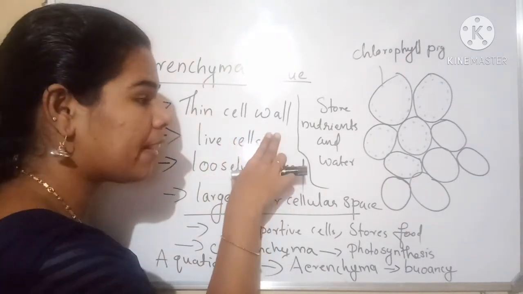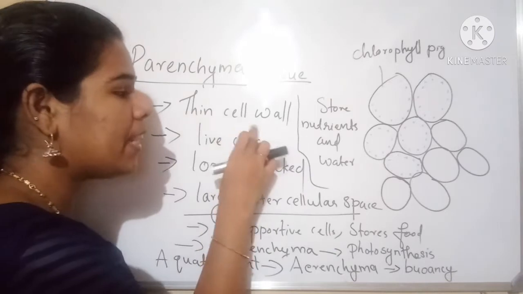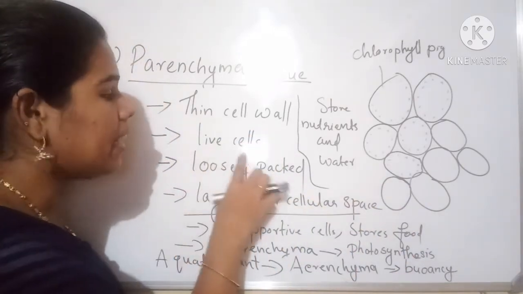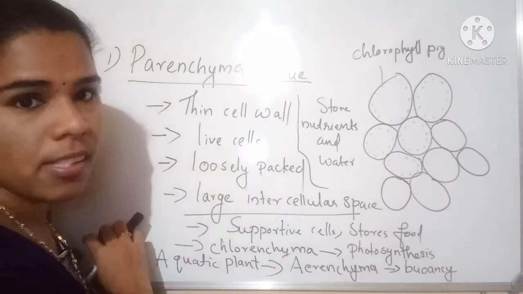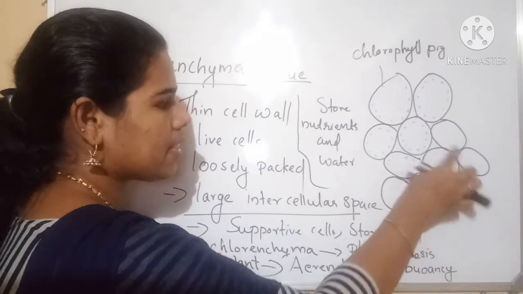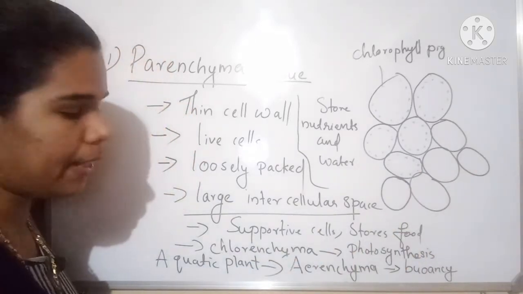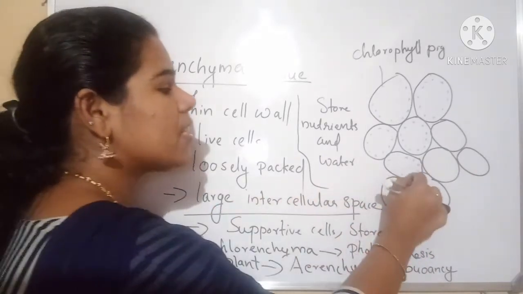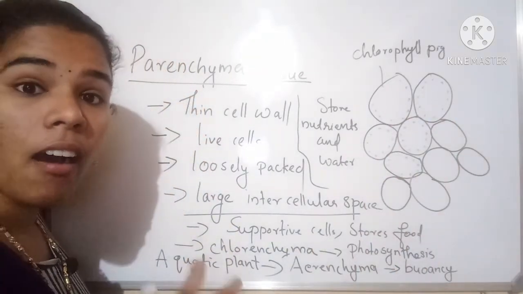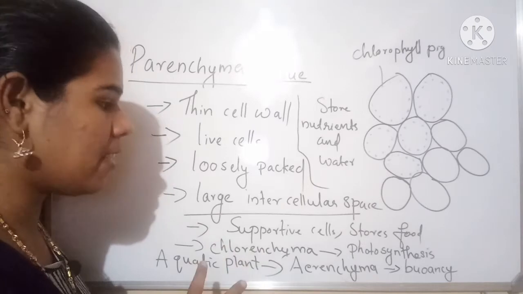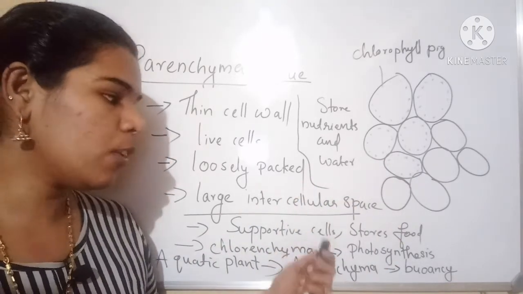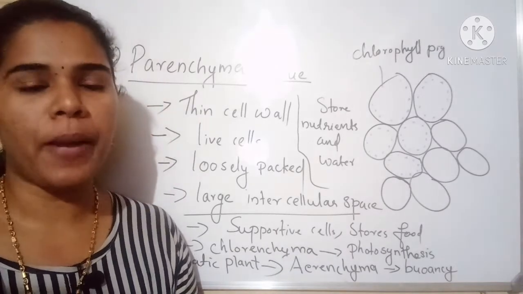Parenchymatous tissue has very thin cell walls. They are living cells. They are loosely packed, and large intercellular spaces are present in between the cells. These are the common features of parenchyma.